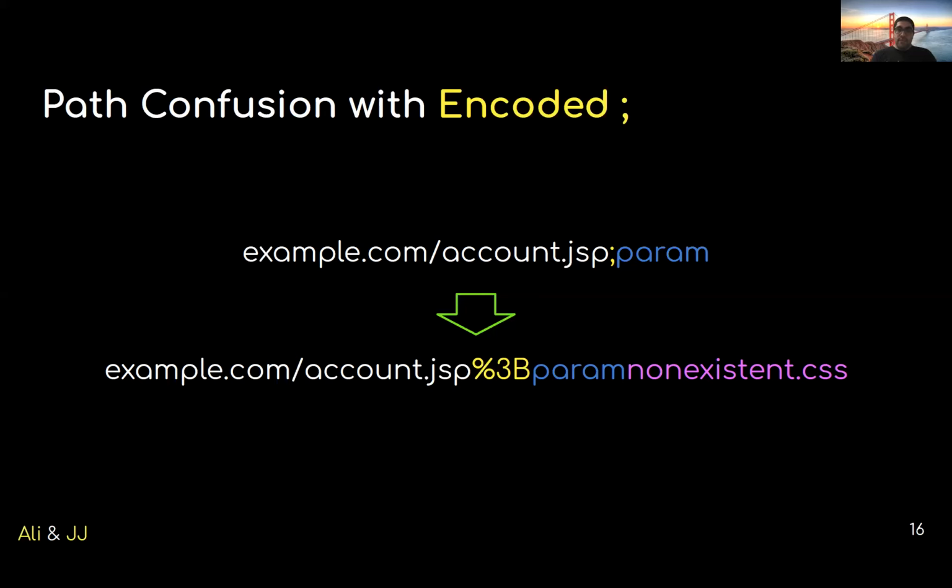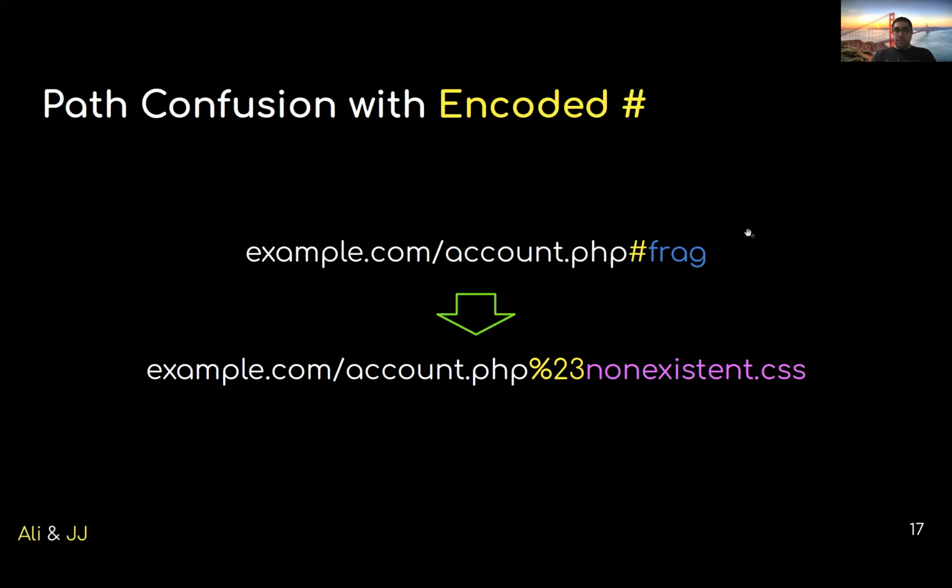As a result, as you can see, if we append a non-existent CSS at the end of the URL and encode the semicolon, to the eyes of the web server, this is nothing more than a parameter, but to the eyes of the middle proxies and the CDNs, this will be identified as a CSS file, and it's a good candidate for caching, which results in the content of the response, which contains private information, being cached here.